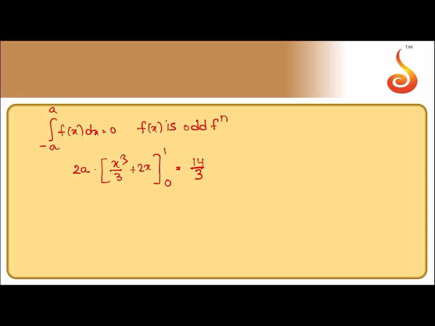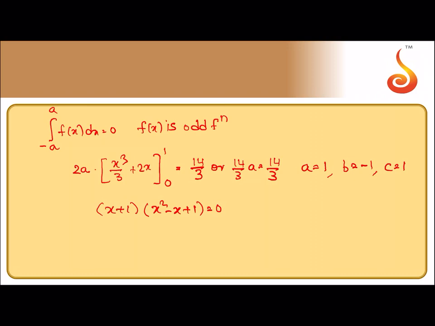So we get, if we substitute, 2a into (x cube by 3 plus 2x) from 0 to 1, 2 times, will give you 14 by 3, or 14 by 3 a equal to 14 by 3.